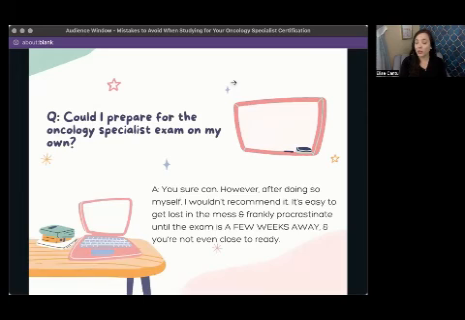Next up, could I prepare for the oncology specialist exam on my own? Yes, you can. I did it. I would not recommend it. It's very easy to get lost in the mess. Maybe you're experiencing this yourself, or maybe you've heard of others experiencing it. It is so easy to get overwhelmed by the mess and just throw your hands up in the air and say, I'm going to come back to this later.